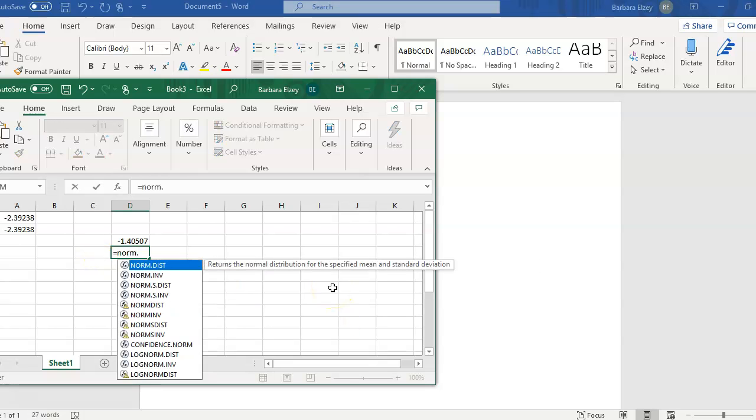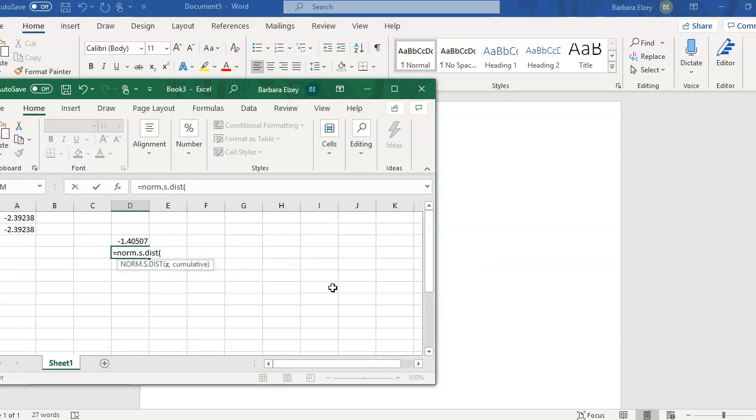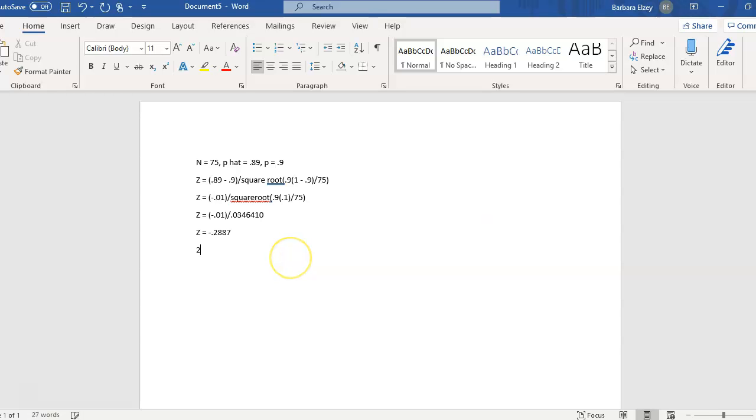Equals norm.s.dist negative 0.2887 true gives me a p-value of, well, not a p-value yet since it's two-tailed, we're going to have to double that, but 0.3864, and let me double it to get my p-value, 2 times 0.3864, it's going to give us 0.7728.